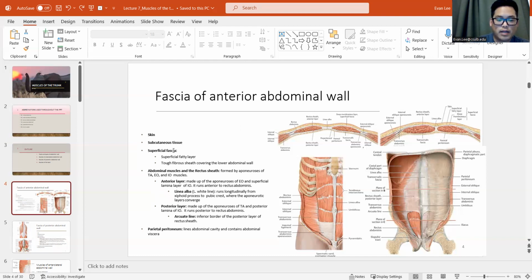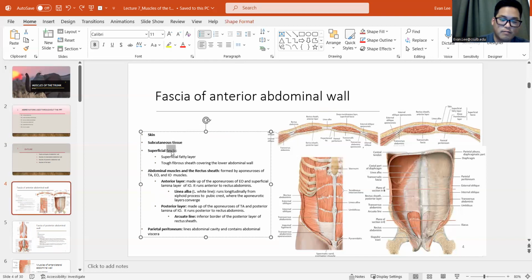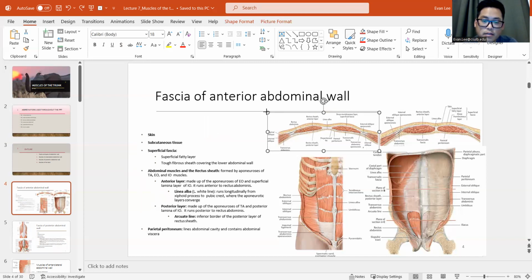But then you also have the superficial fascia, which is going to be right under the subcutaneous tissue, which is where you have some very strong connective tissues, but also that superficial fatty layer as well. The thing that gets in the way of the rectus abdominis is found in the subcutaneous and superficial fascia. So looking at this though, you can see that there are some things that we want to look at over here.